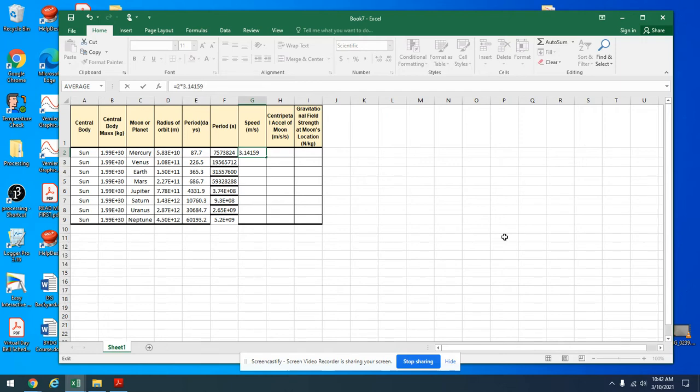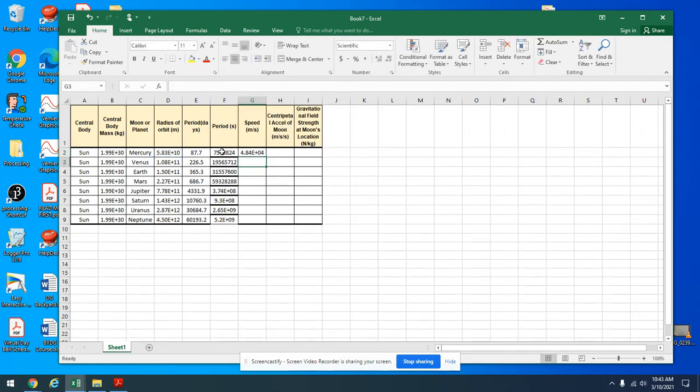That's 2 pi times the radius. The radius is right here, in cell D2. That's 2 pi r, the circumference of the orbit, or the distance all the way around, divided by how long it takes, which is the period in seconds, which we have in F2.